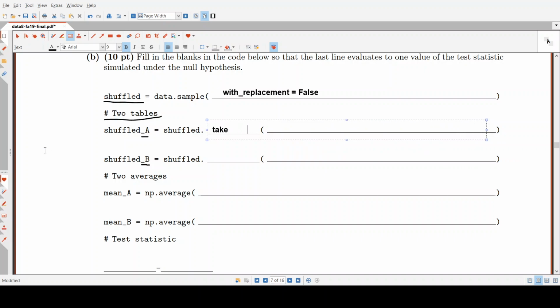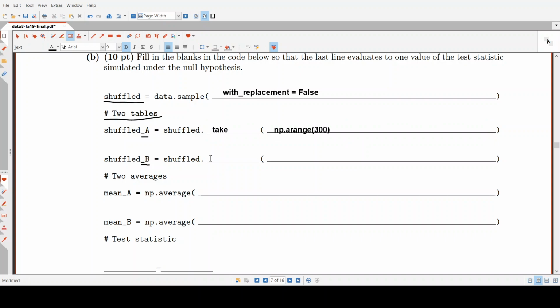So shuffled.take, and the question says that group A should have 300 people in it. The easiest way to do this is just take the first 300 rows. We can do that by saying np.arange of 300, because it'll take rows 0 through 299, which are the first 300 rows of the table.